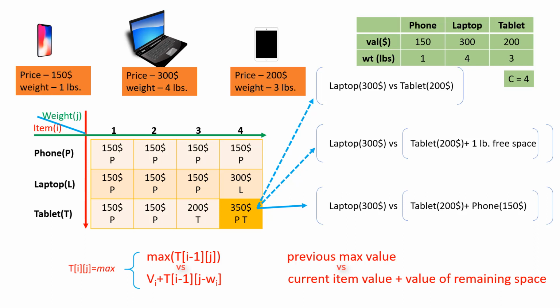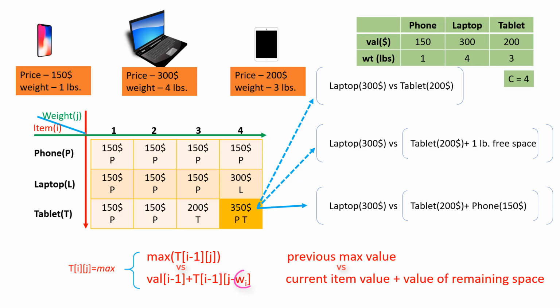We have an input values array, but this array always starts from 0 onwards. That is the reason when you are calculating the value of vi, you have to take the value from this values array and use i minus 1 instead of i. Why? Because the input array always goes from 0 to n minus 1. So that is the reason we use i minus 1 here.